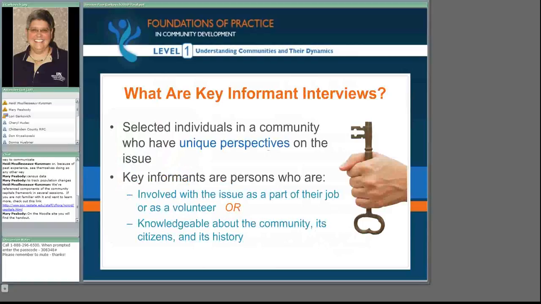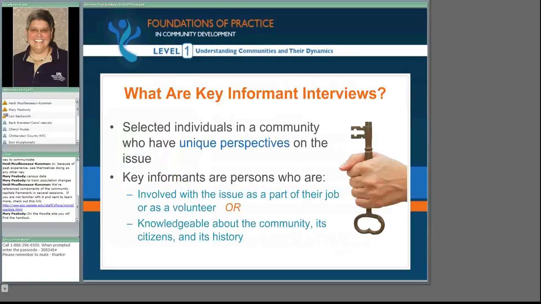Whether you know it or not, all of you have done key informant interviews. This is when you select some particular individuals in a community, and because they have a unique perspective on the issue, you have a structured conversation with them.